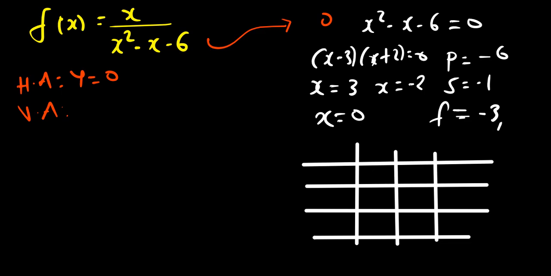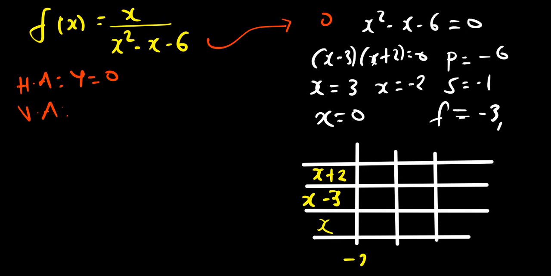Let's write our equations. The first equation that we've chosen is x, the one that is on top. Then the next one is x minus 3. Then the other one is x plus 2.